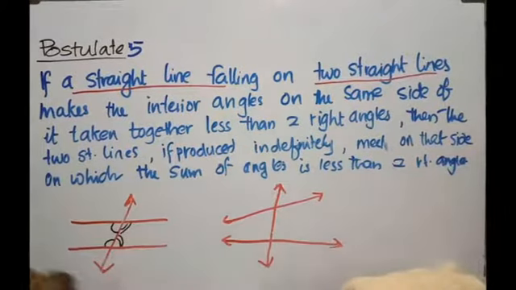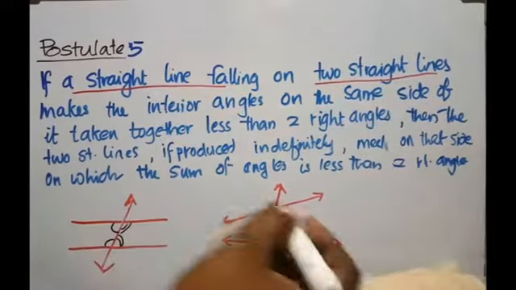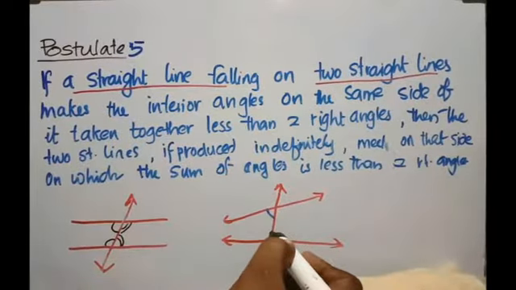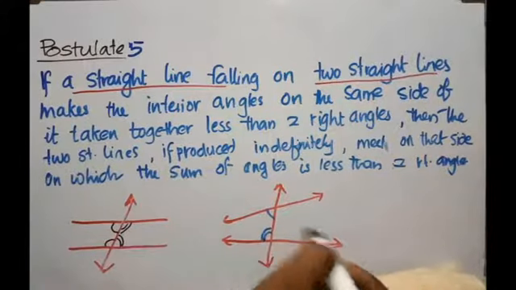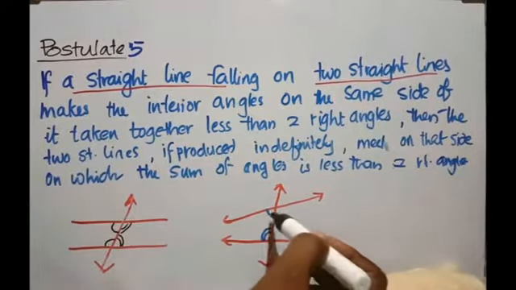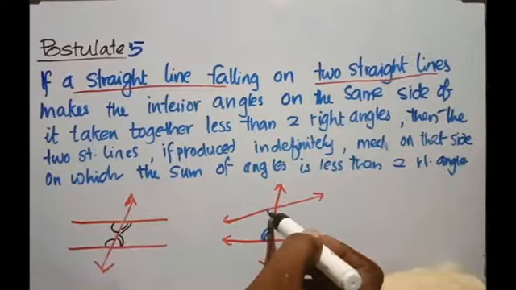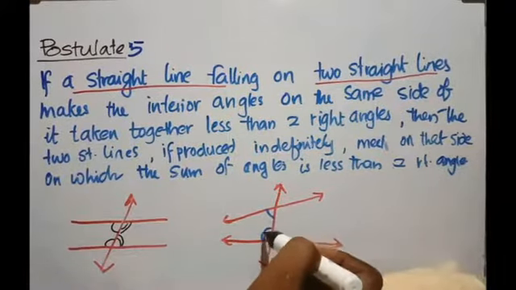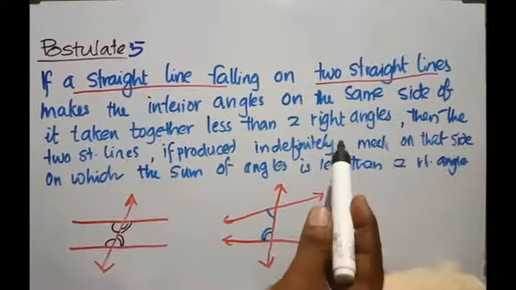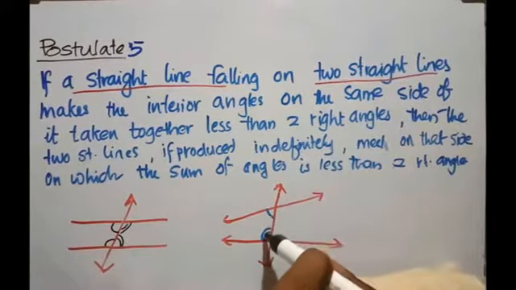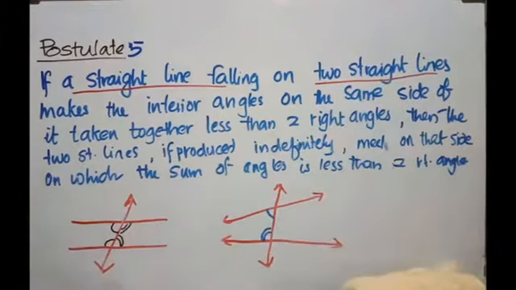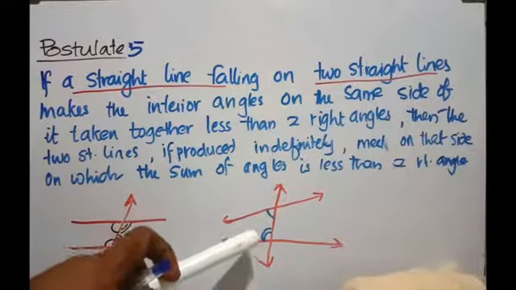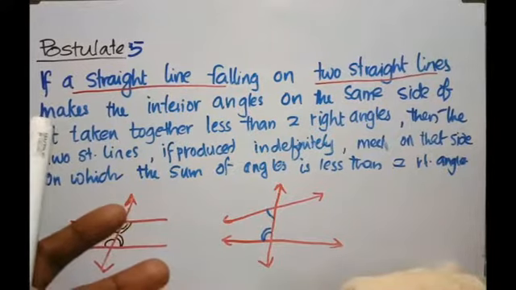As per our question, let's take interior angles on the same side. Let's take these two. If we add them, and their sum is less than two right angles, what do we mean by less than two right angles? It's nothing but 180 degrees.